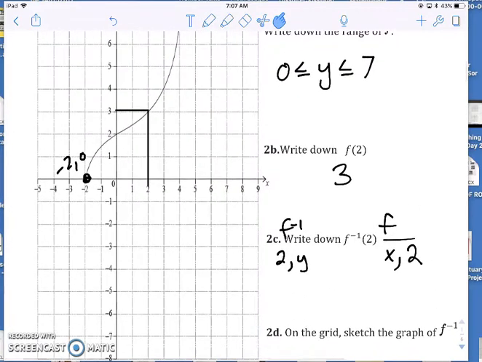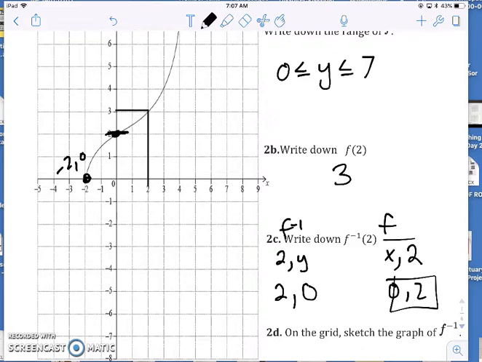So let's see, where is our y of 2? Well, right here. So our x value would be 0. So this is saying 2, 0. Yep, so that would work. So the answer would just be 0.